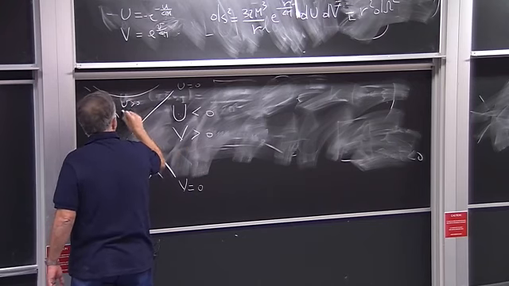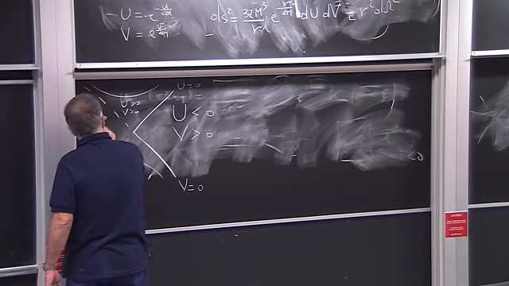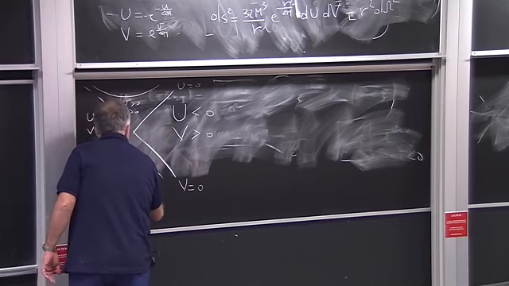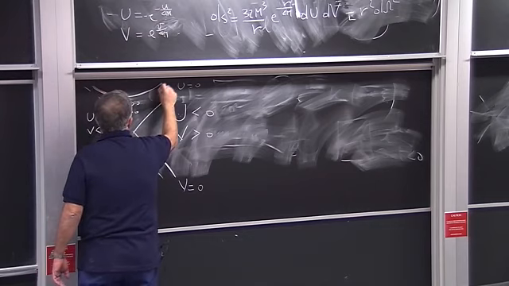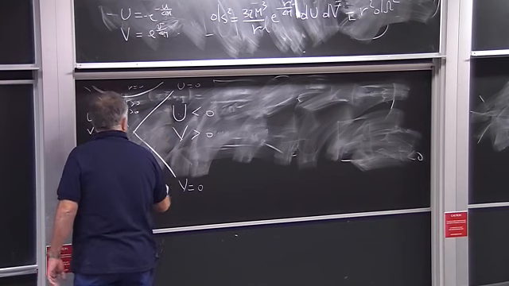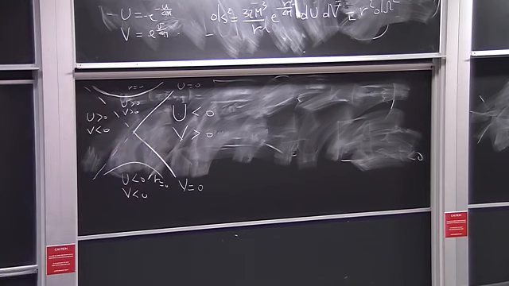Here U is positive and V is positive. Here U is positive and V is negative. And here U is negative and V is negative. Of course, there is an important difference. R equals 0 is mapping to these two surfaces, which are true singularities of the metric. Okay?